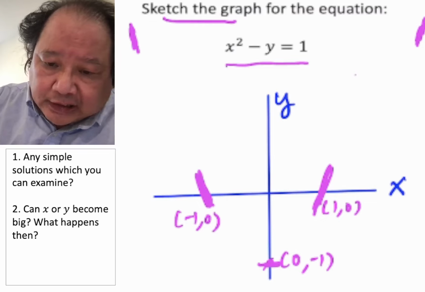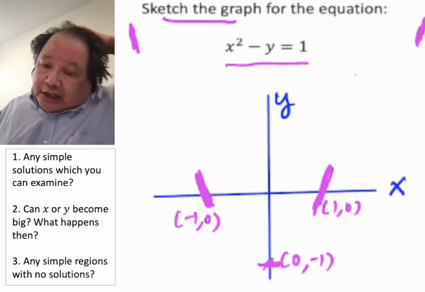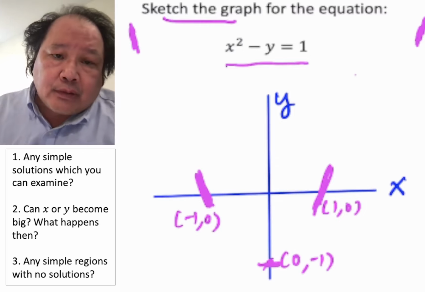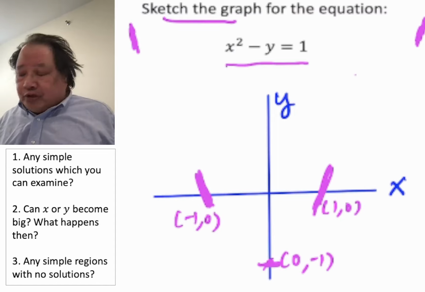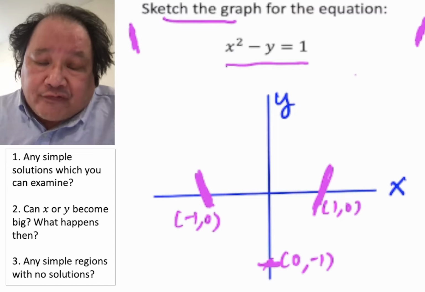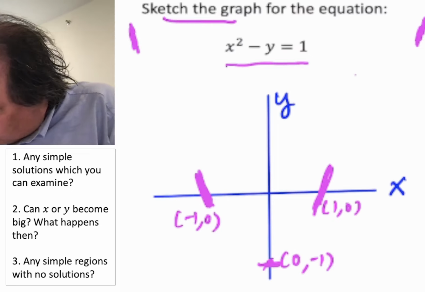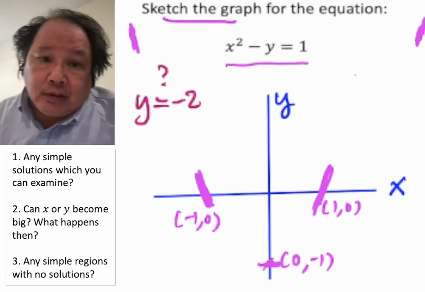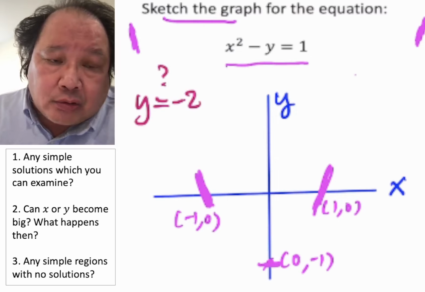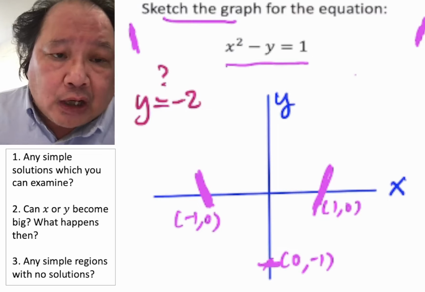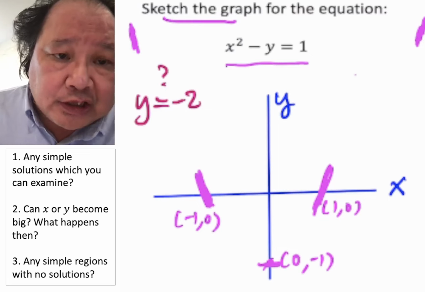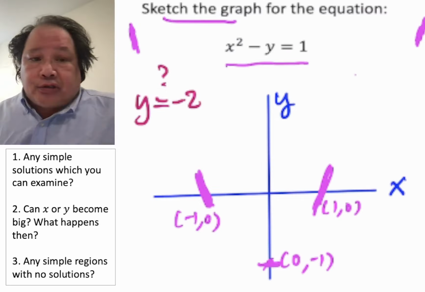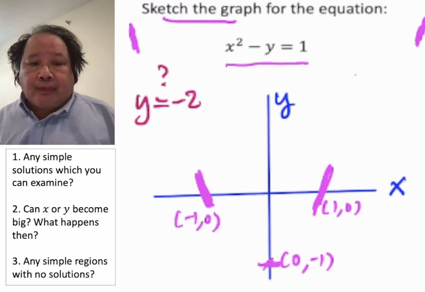And then the last thing I like to do is ask, are there any simple regions with no solution? For example, could y ever be negative 2? And the answer is no, because minus y, which is what's in the function, is plus 2, and x squared, being a square, is always a positive number.